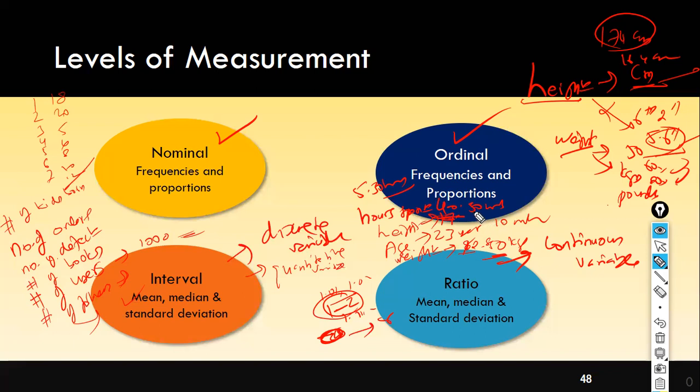Height is also a continuous variable. You never say just 6 all the time. We cannot round it up. You can say 6.2 or 165.3 centimeters. So height, hours spent, age, weight. These are the examples.